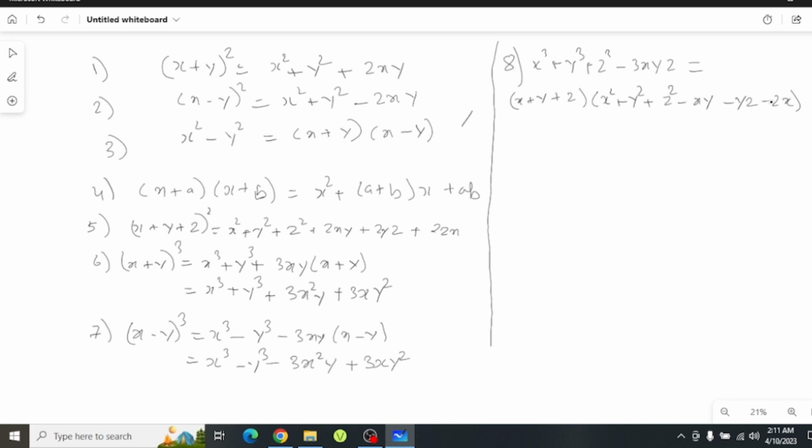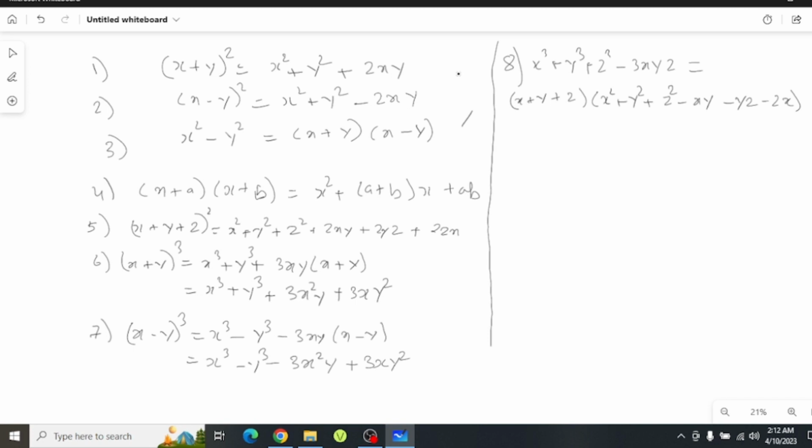Okay, so before doing 2.5 we have to learn, or we have to understand, all these 8 identities, and this will help you throughout the year and in class 10th also.